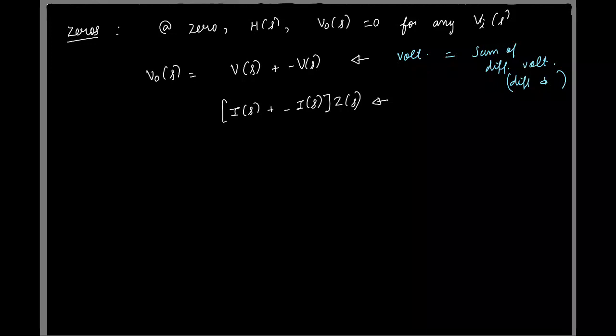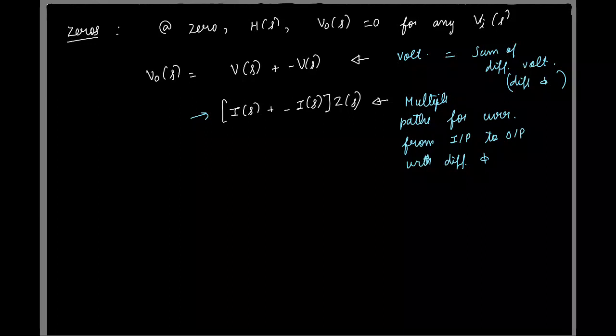In the second case, you will have a 0 when you have multiple paths for the current to flow from input to output, and those currents will be of opposite phases. So multiple paths for current, say from input to output, with different phases.